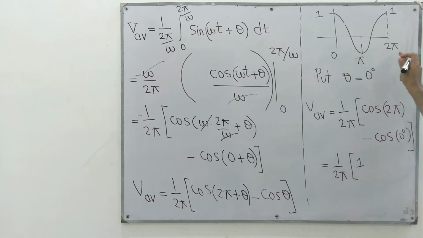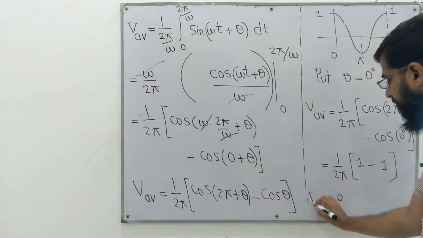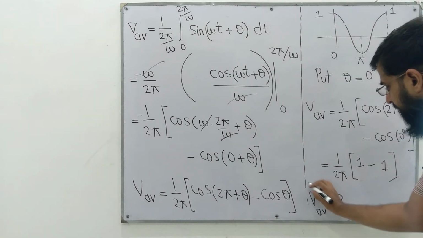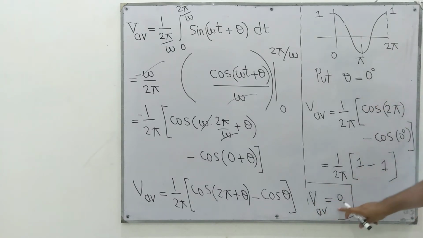This is a signal with omega is equal to 1. 1 minus cos of 0 is also a 1. So 1 minus 1 is a 0. So we have shown that for theta is equal to 0 degrees, V average of a sinusoidal signal is 0.